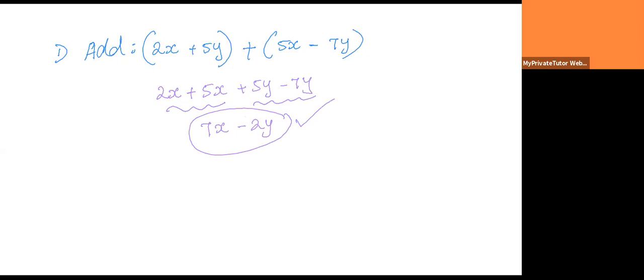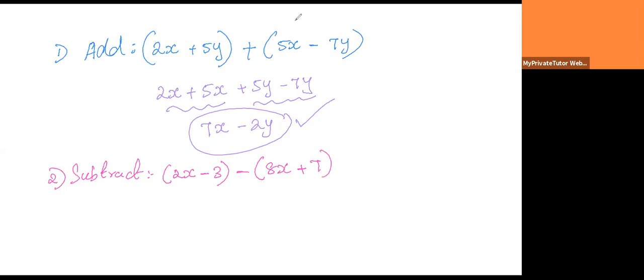So let's try one more in subtraction. Subtract the expressions. For example, 2x minus 3y plus a constant, minus 8x minus 7 plus 7 rather.